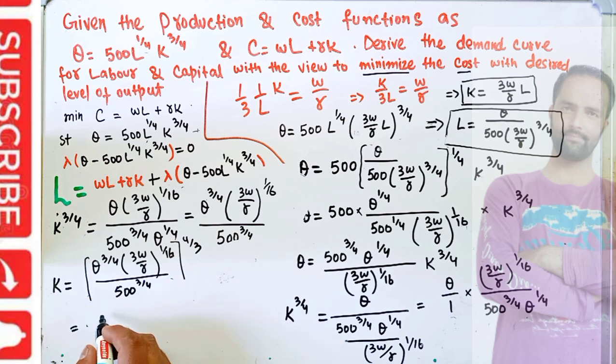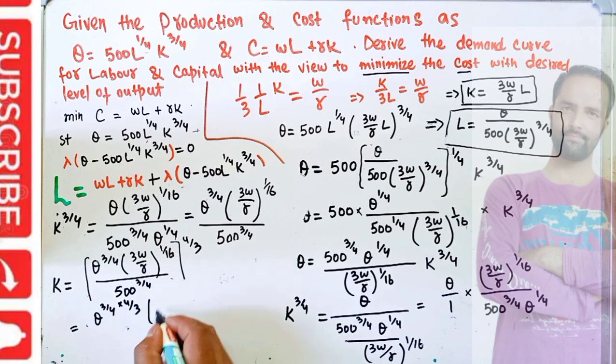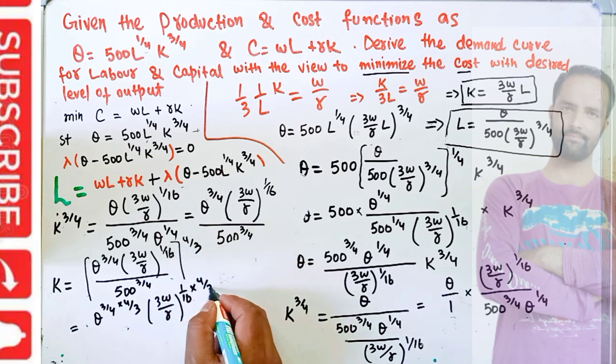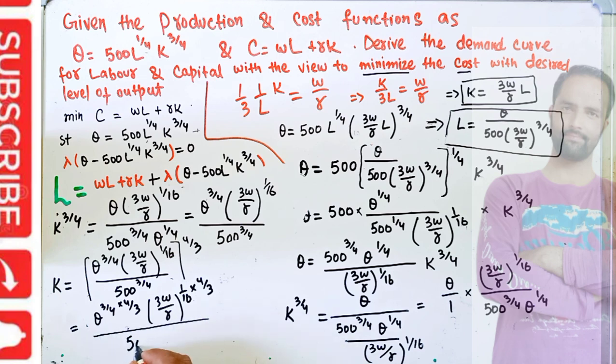Which means our k will be equal to q to the power 3 upon 4 into this 4 upon 3, then we have (3w upon r) to the power 1 upon 16 into this 4 upon 3, divided by 500 to the power 3 upon 4 into this 4 upon 3. So 4 4 cancel, 3 3 cancel, 4 4 cancel, 3 3 cancel, 4 1s are 4, 4 4s are 16.